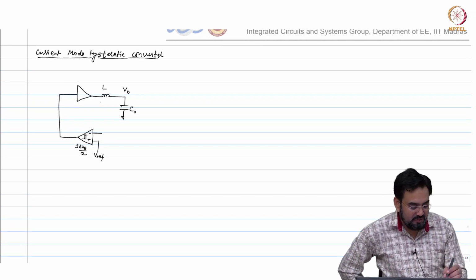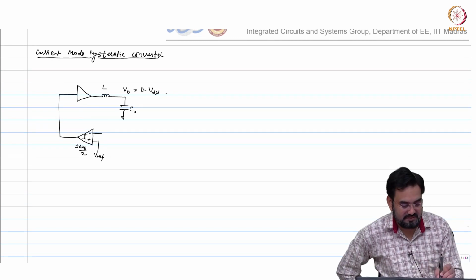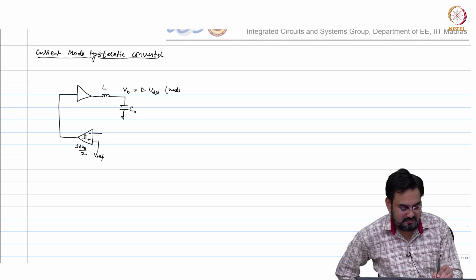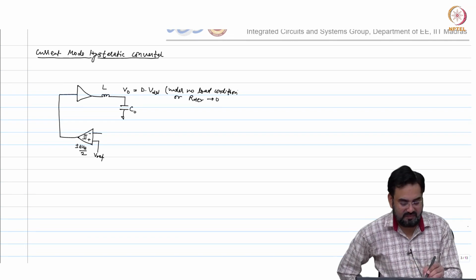So, let us say under no load condition, what is this? D times VDD, under no load condition, or RDCR is close to 0.